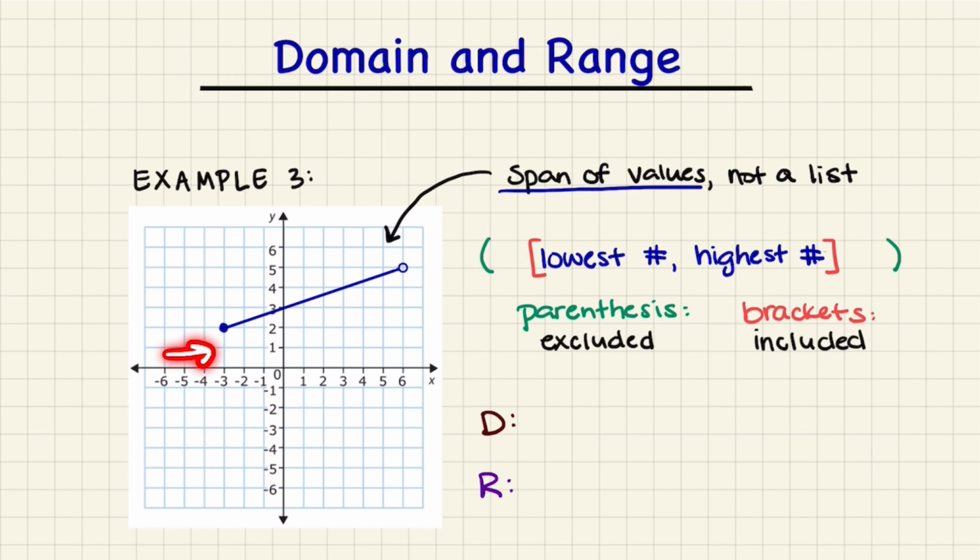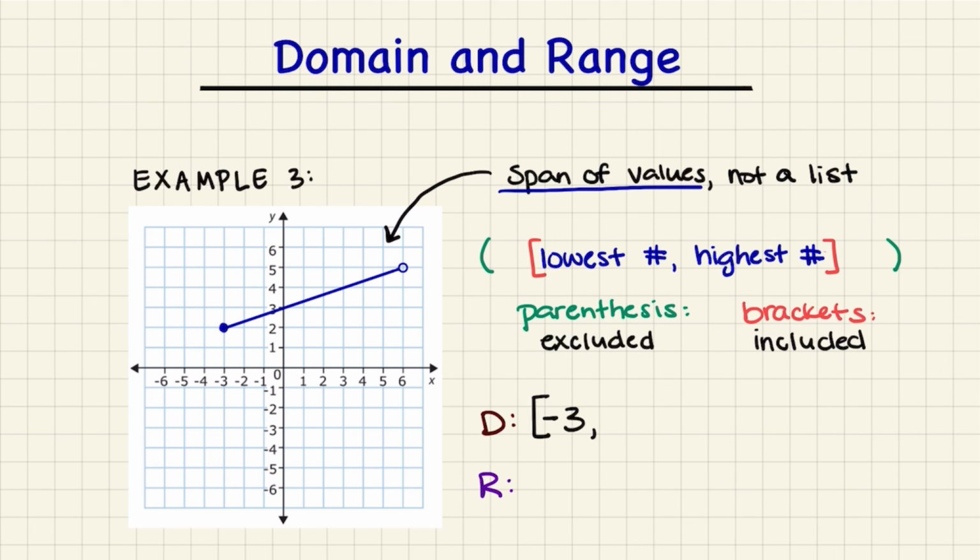The lowest number that is included in this line is -3. So we list our -3 first. And looking back here, it's a closed circle, which means the value is included. And when a value is included, we use a bracket. So we put a bracket next to the -3.